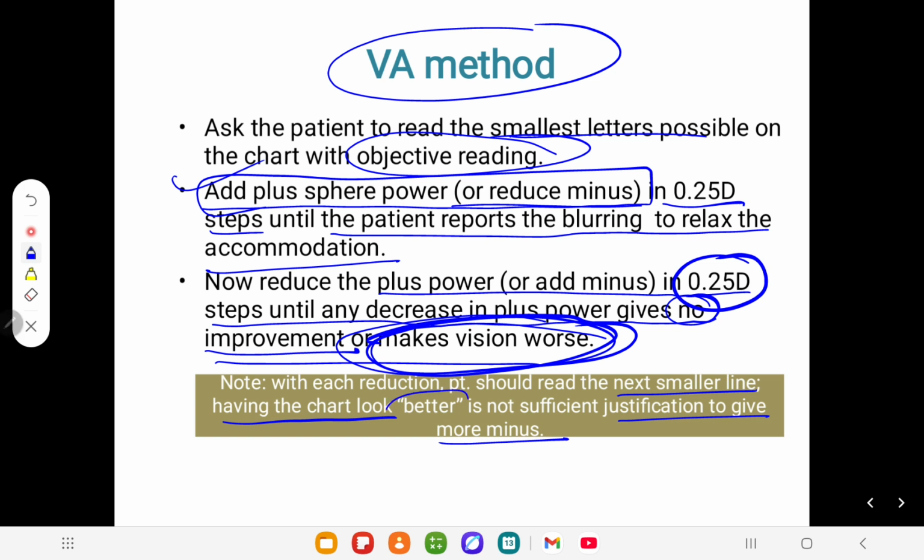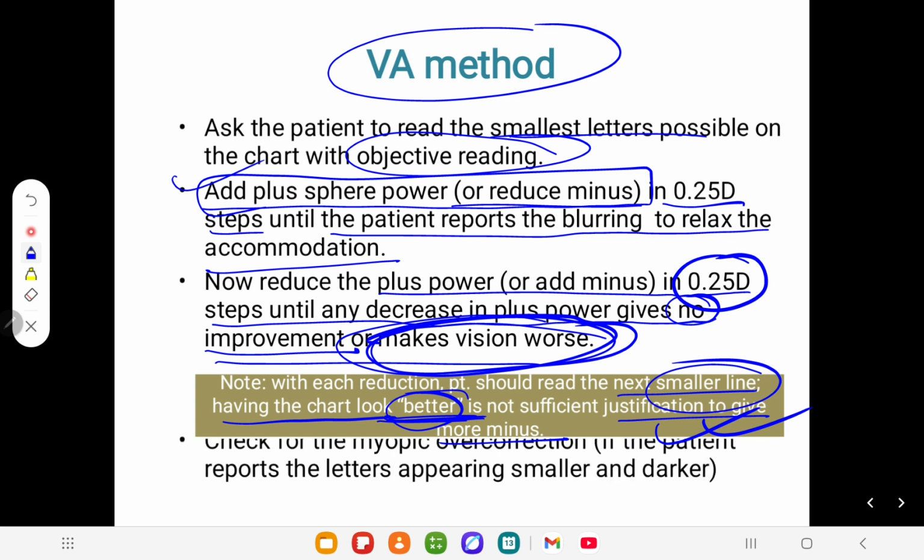If the patient is just seeing better, or the letters are darker or even getting smaller, that's where you should be cautious. Patients should actually read a smaller line. Don't be confused when the patient says, oh yes, it's getting better. That's not a sufficient objective claim for you to add more minus. That's a very important point here.